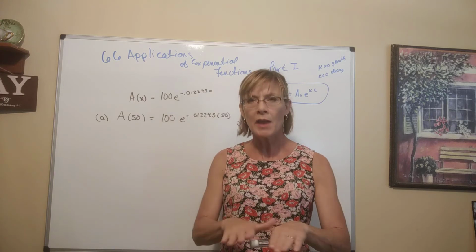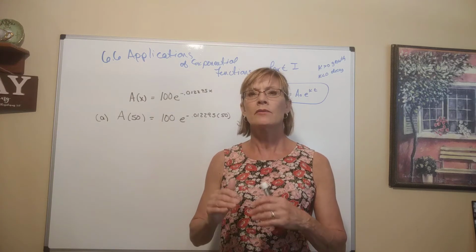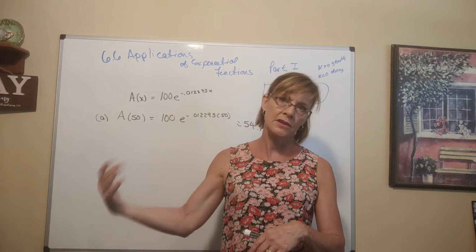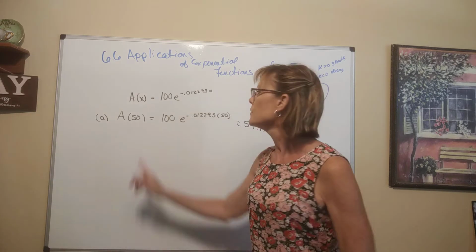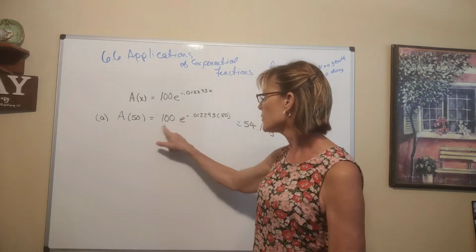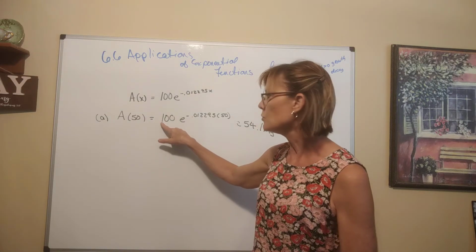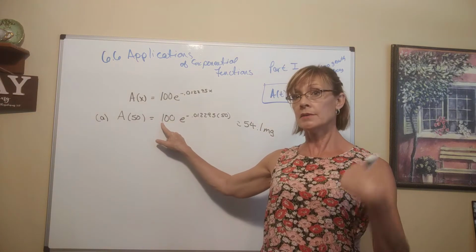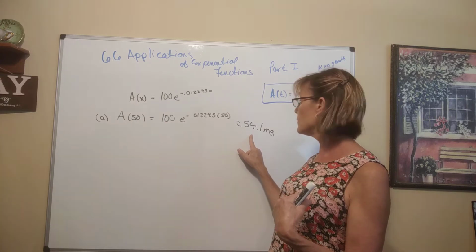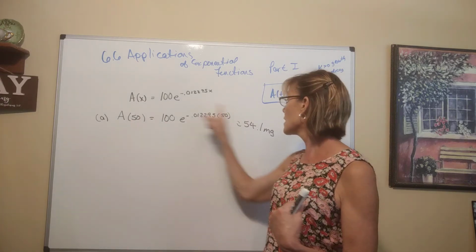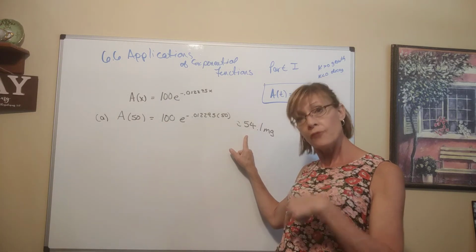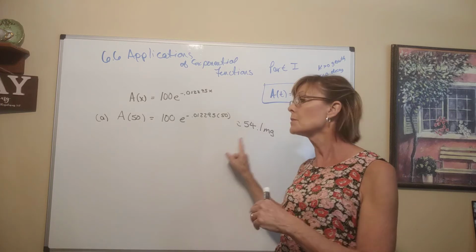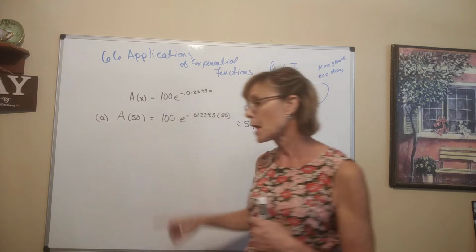It's how long it takes to decay to 50% of the initial amount. That's half-life. So in this case, we wanted this 100 milligram sample to decay to 50 milligrams. How long will that take? It's going to take longer than 50 years, because after 50 years it had only decayed to 54 milligrams, not 50.